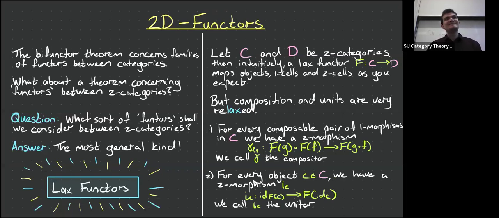Just to be clear, when you say two categories, do you mean strict, where the composition is strictly associative? Yeah, I think assume it's strict. I'm usually a bit vague. There'd be an analogous theory for the weak case, but it can get a bit interesting.